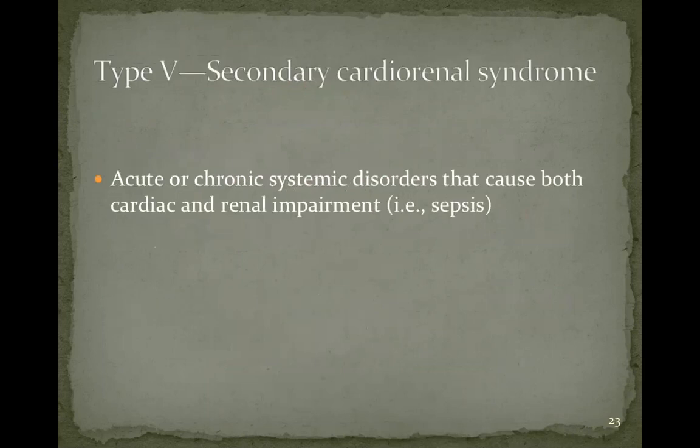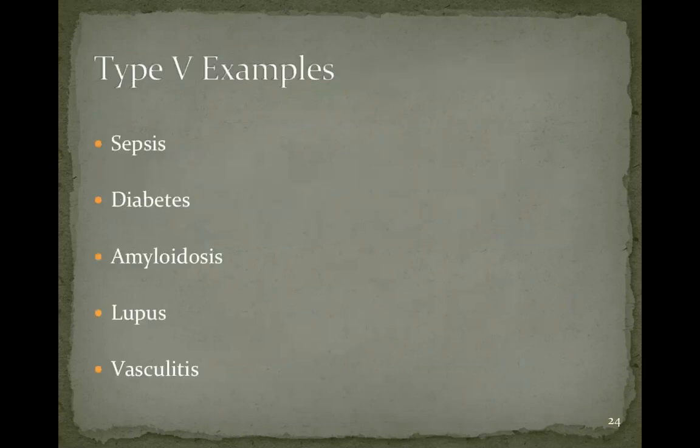Type 5 cardiorenal syndrome is more secondary. It's acute or chronic systemic disorders that can cause both cardiac and renal impairments, with the main example being sepsis. Other examples including sepsis are diabetes, amyloidosis, lupus, and other vasculitides.